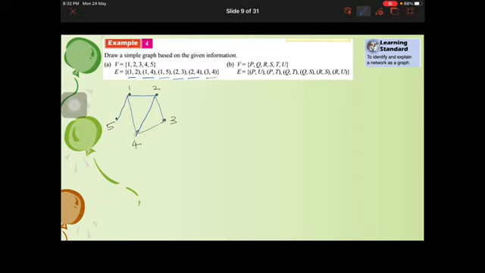Okay, so this is an example of a simple graph using the given information. You can also draw a different simple graph, as long as all the vertices are connected with the edges given. Okay, this is for question A.